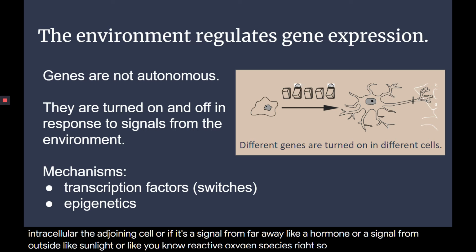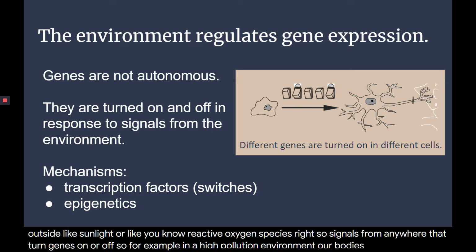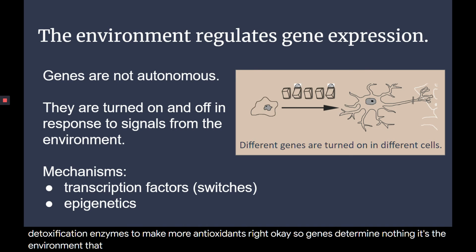So signals from anywhere that turn genes on or off. So for example, in a high pollution environment, our bodies can turn on detoxification enzymes to make more antioxidants, right? Okay, so genes determine nothing. It's the environment that determines which genes are turned on and off.